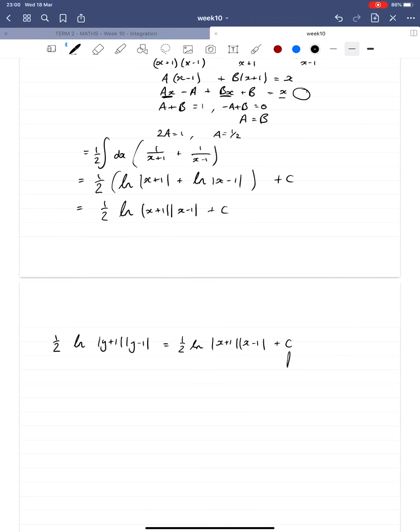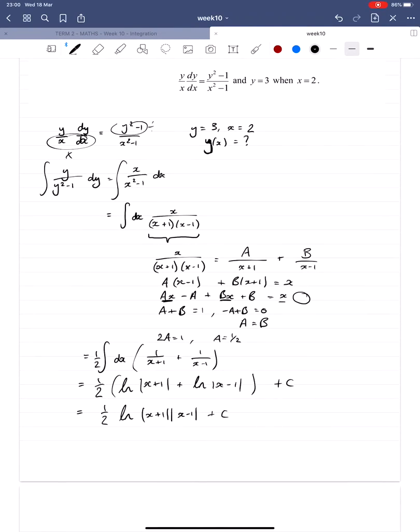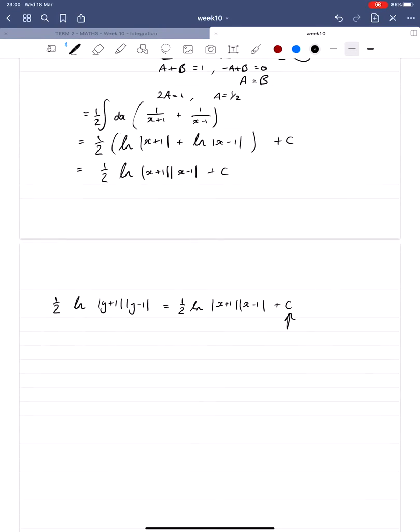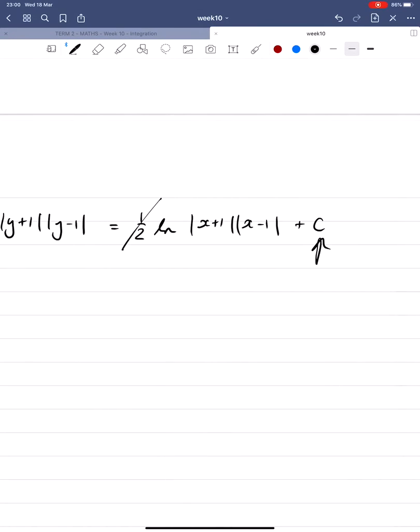So all that's left for me to do is to find this c, which I can do by using these values when y is 3 and x is 2. So first of all, I can just cancel these halves, which means this becomes a 2c, and I can call that something else. I'll call it d.